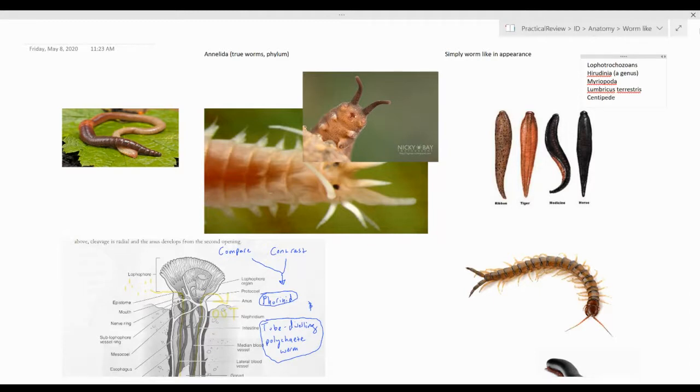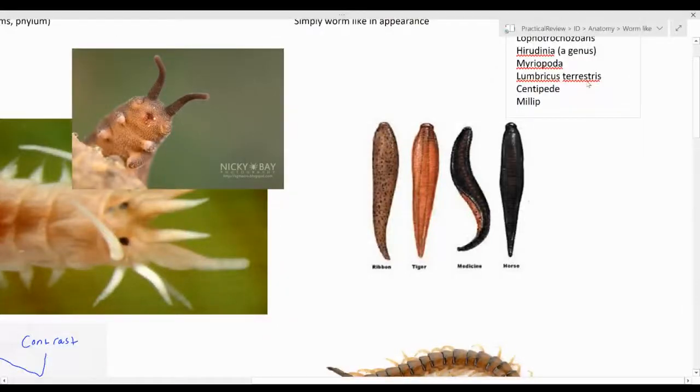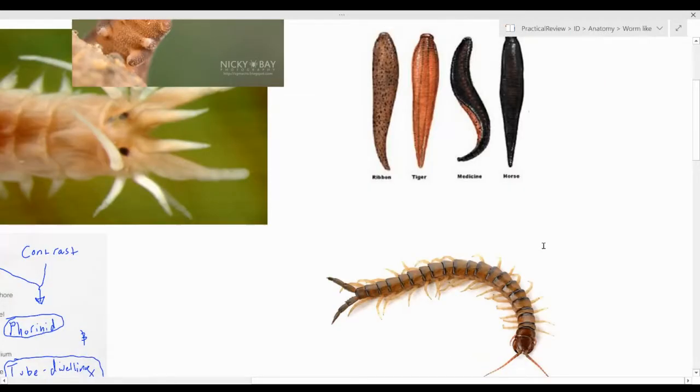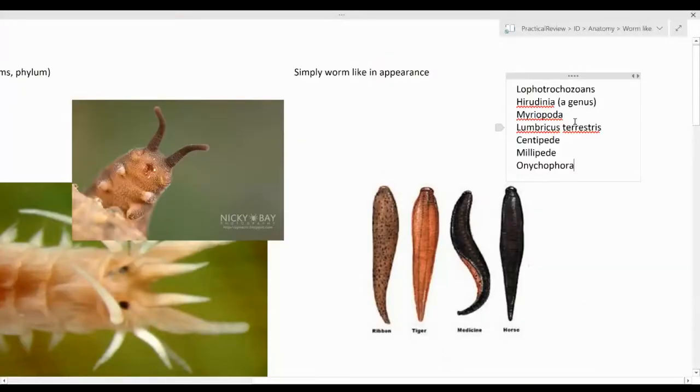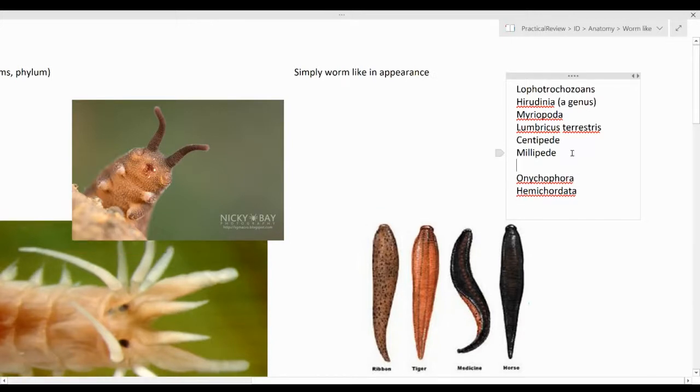I'll zoom in on this a little bit. All of these terms are attributable to animals on this page.